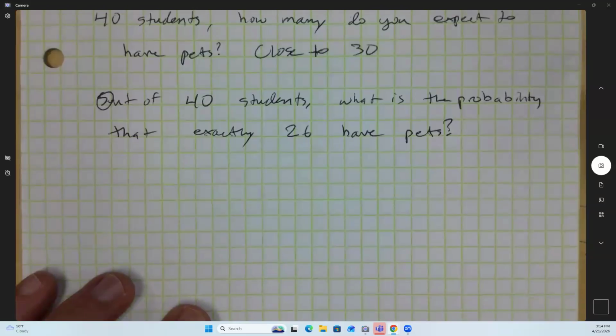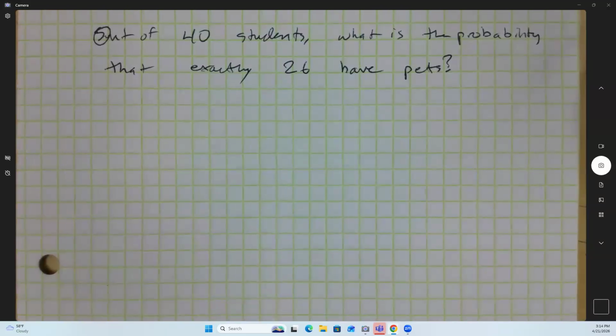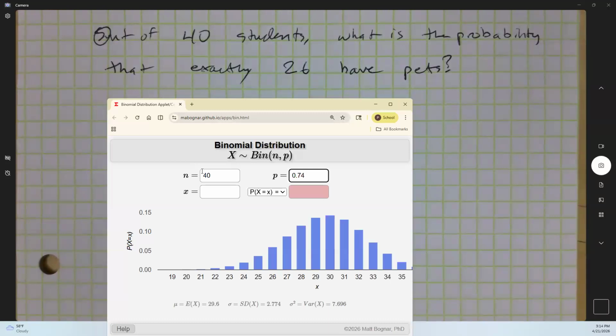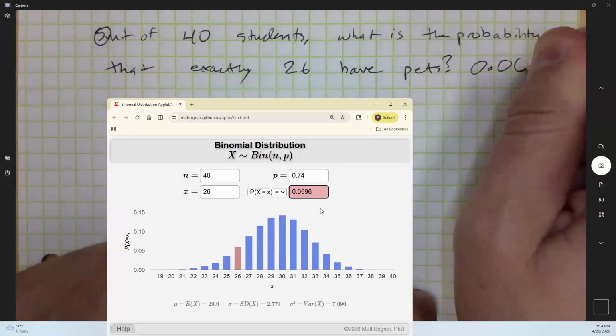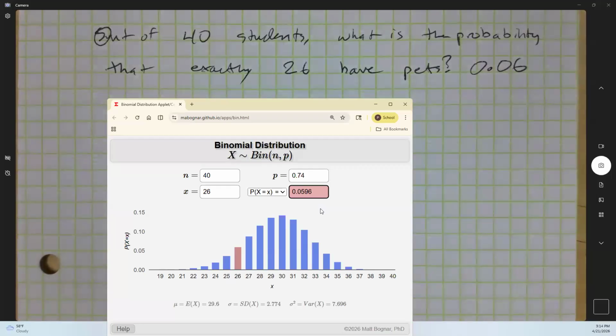It's a super interesting mathematical formula. And if you take Stat 244 with me at some point, we'll dive into it. But we've got some useful technologies, so let's leverage it. What I put in for X, 26. And I'm doing exactly equal, there it is, 0.0596 or about 0.06. All right, if you collected 40 students, there'd be about a 6% chance that exactly 26 have pets.